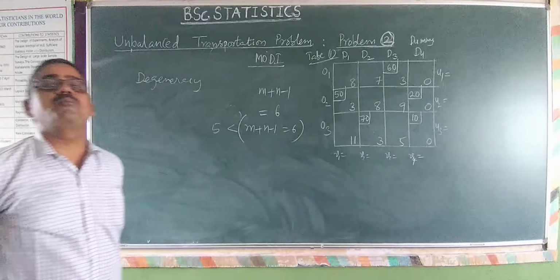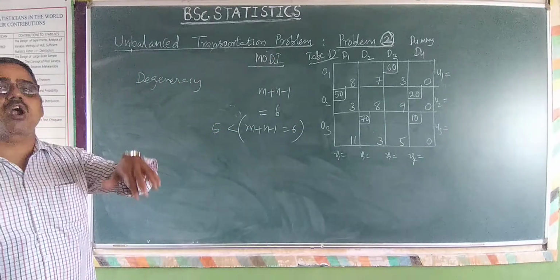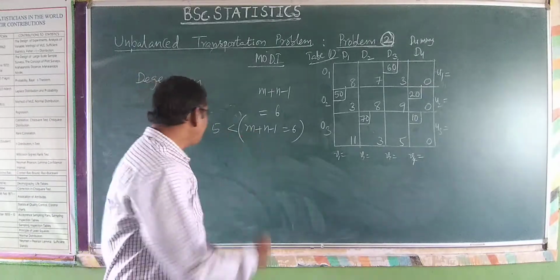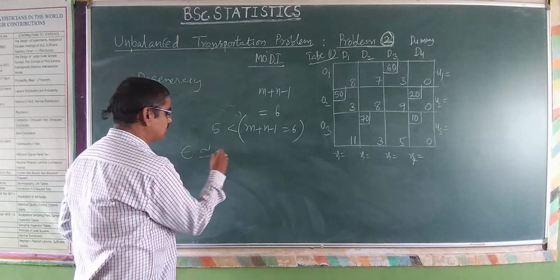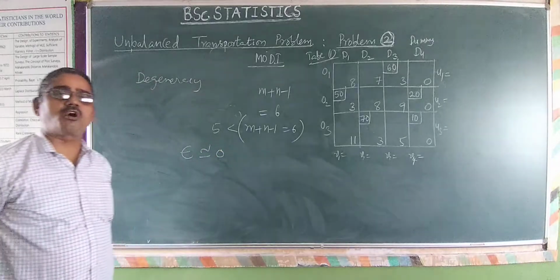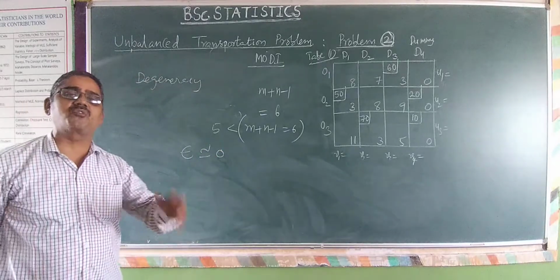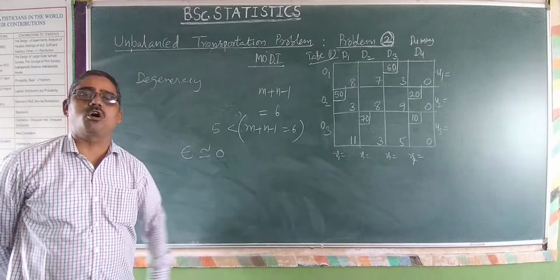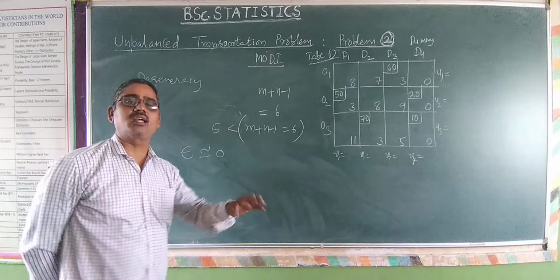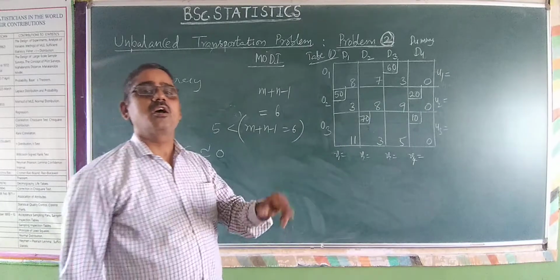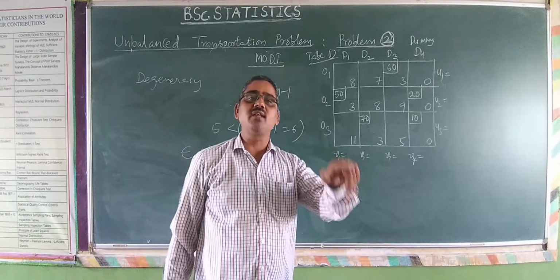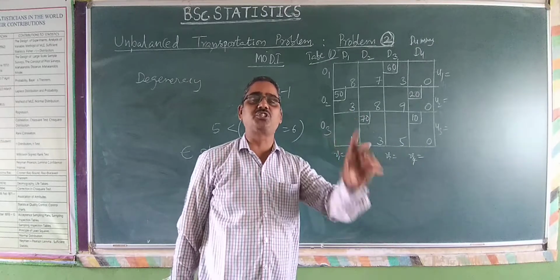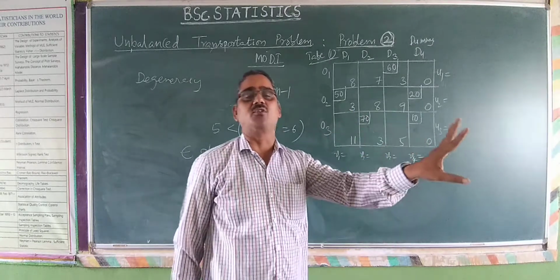In the Modi method, what we have to do first is allocate a quantity epsilon, which is tending to 0, a small positive quantity epsilon. We have to allocate it at one particular minimum cost non-basic cell, which should provide all the UiVj values.